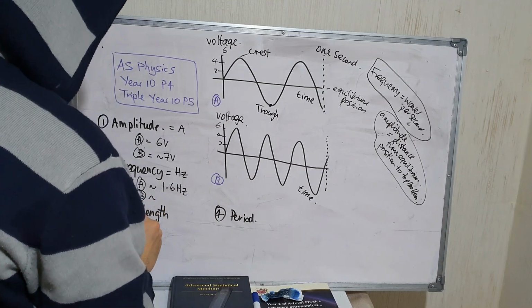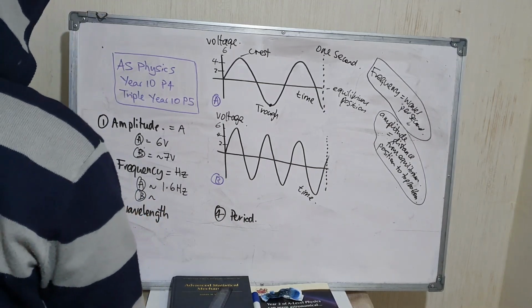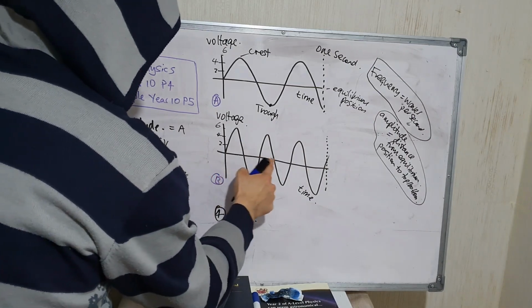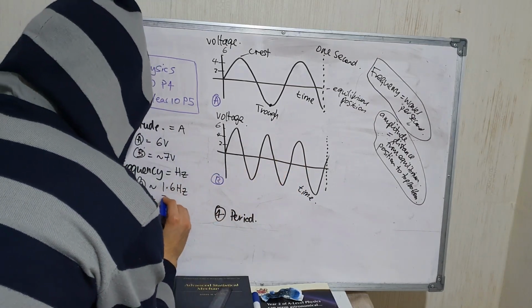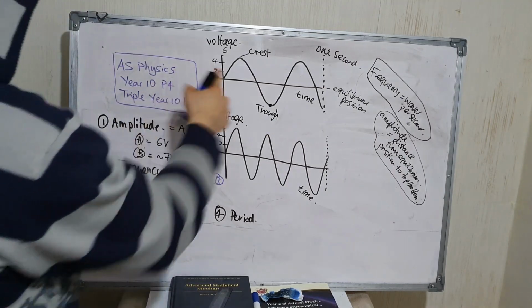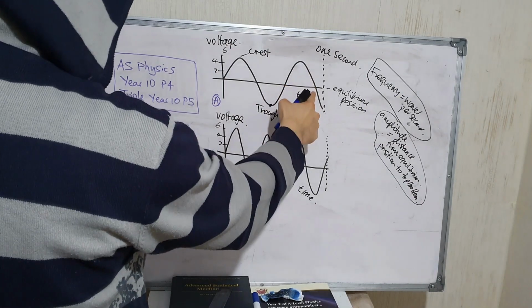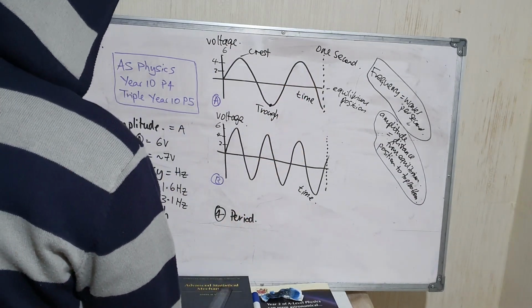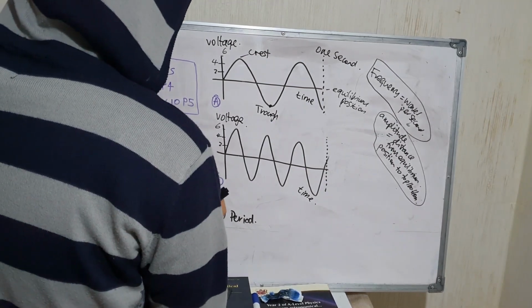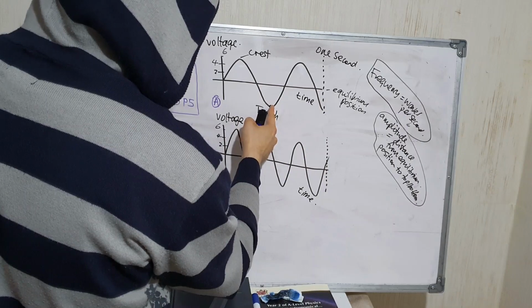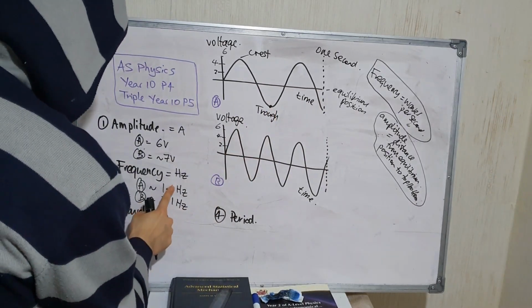An eighth is 0.125, isn't it? So let's just say 3.1. It's about 3.1 hertz. So here you have 1.5, and here, that's more than 6. Hold on. There's about here, and that's about 2.5. So shall we say that's 1.8?